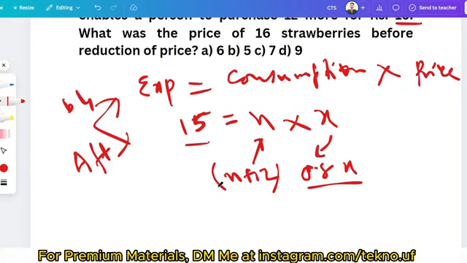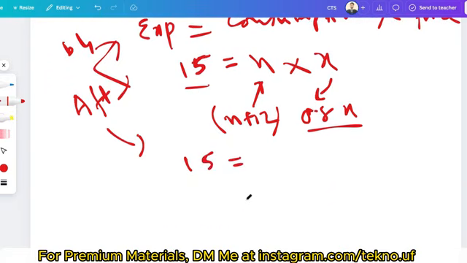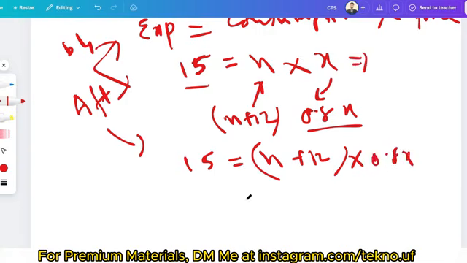So the same formula will be implemented. After reduction of price, the expenditure will be 15 and consumption will be N plus 12, into 0.8x.